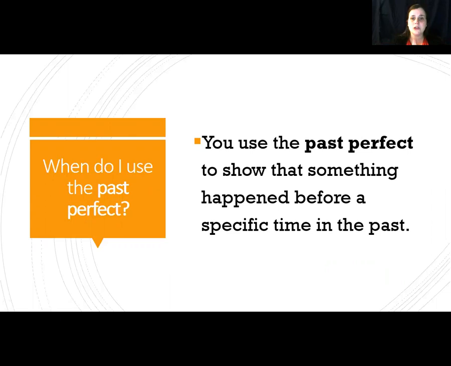Remember this rule. You use the past perfect to show that something happened before a specific time in the past. All right, so use the past perfect to show that something happened before a specific time in the past. All right, so when you're talking about something that happened in the past, okay, it's a way to show that, well, this happened before that other thing in the past, essentially.